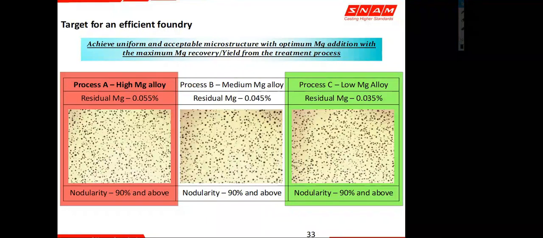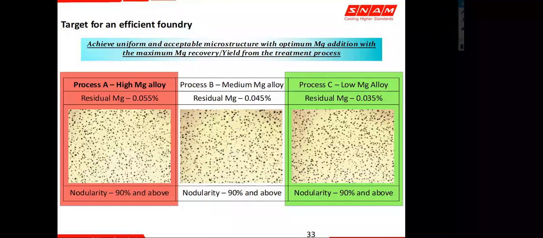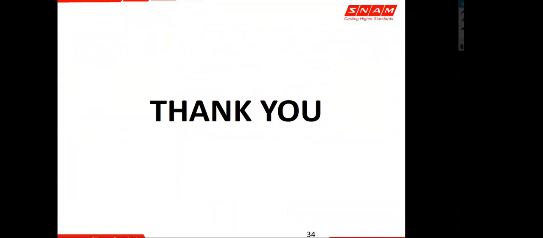Process C is produced with a low magnesium alloy with the minimum residual magnesium required. So if you have good control, unless otherwise required, we need not go for a high magnesium alloy. We can still manage with the low magnesium alloy, with small tweaking in the process and improvements. So we finally come to the end of the presentation.